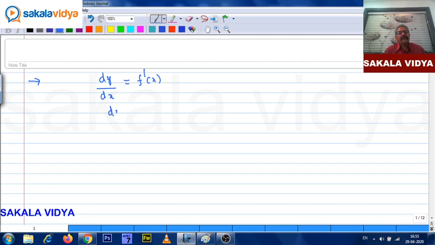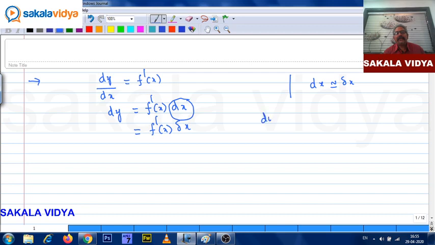This dy equals f dash x into delta x, sorry, dx. In general, dx is approximately equal to delta x. Now replace dx by delta x, dy equals f dash x into delta x.